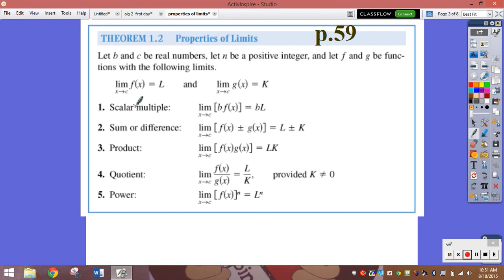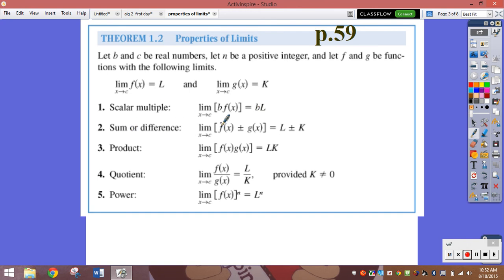The first one is a scalar multiple. So if we take our function f of x and we multiply it by some real number, a scalar, what this property is stating is that I can find the limit of f of x, represented by L, and then just multiply it by that scalar. So I can work with them one at a time.